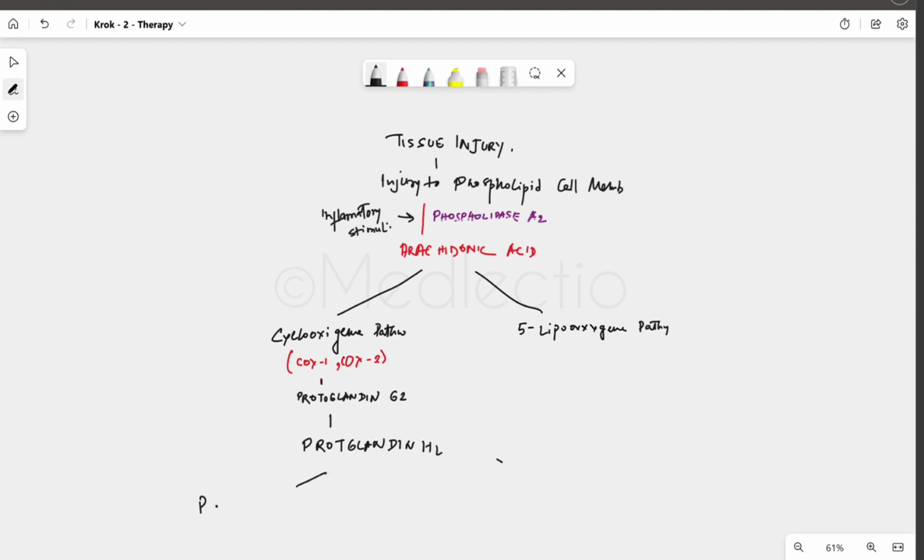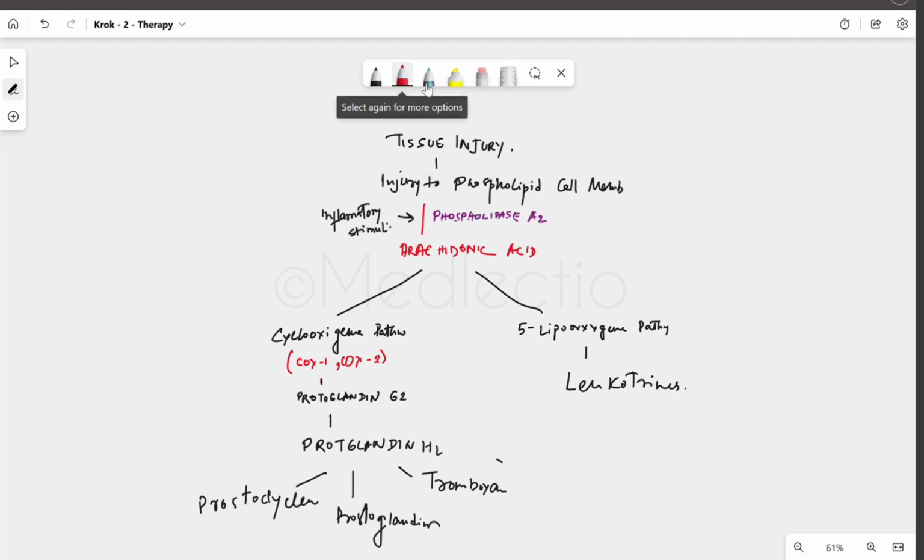Then we have prostacyclin, prostaglandins, and thromboxane. In the other pathway we have leukotrienes.